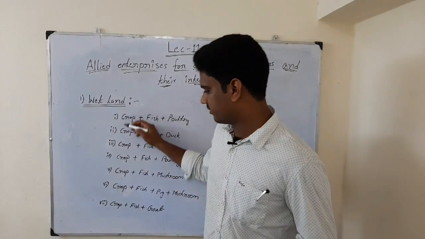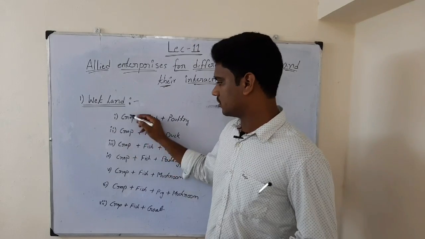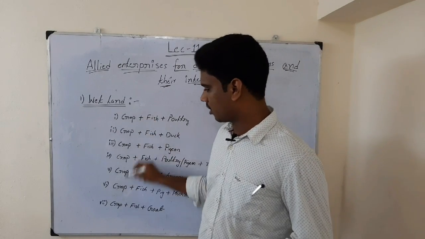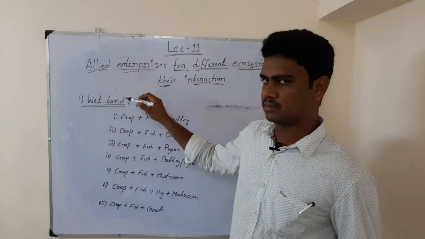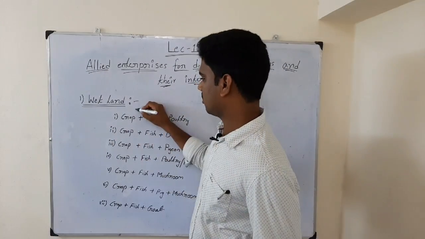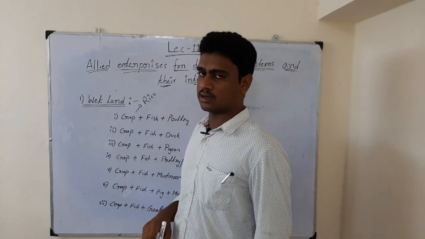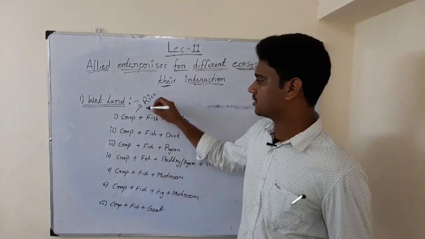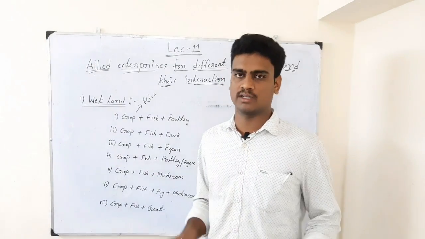That's why, as I have written here, there are all around 7 types. In all 7 models crop is there, and being a wetland ecosystem, we are growing the crop rice. In rice crop we have to maintain water most of the time.